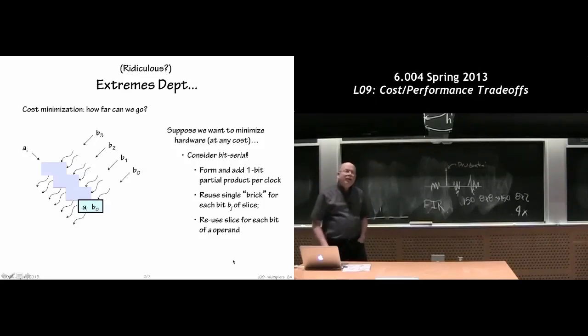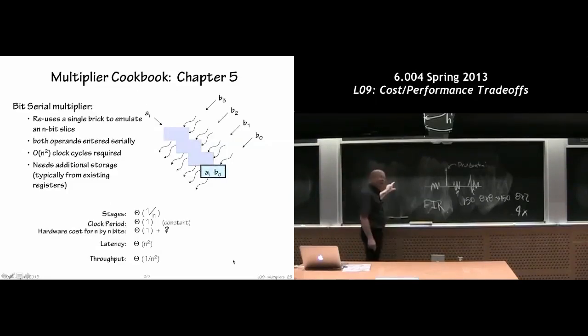So this is what's called bit serial multiplication. You build hardware that basically can do 1 bit of multiplication, and you basically keep track of all the other intermediate results and feed them back into the circuit using registers. And what we can see here is that the sort of ridiculous extremes department is I can get the hardware cost to near constant, assuming for other reasons I still need to hold all the bits, the partial products and things like that.